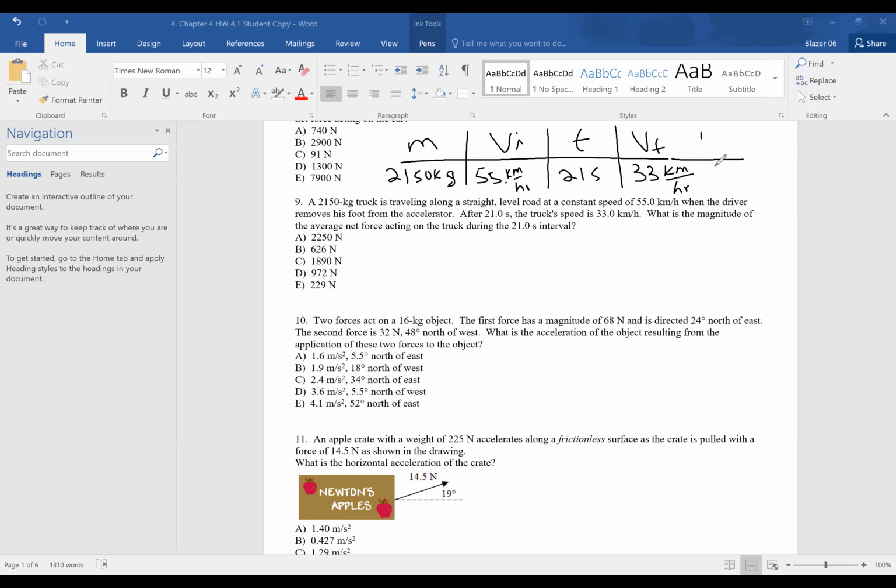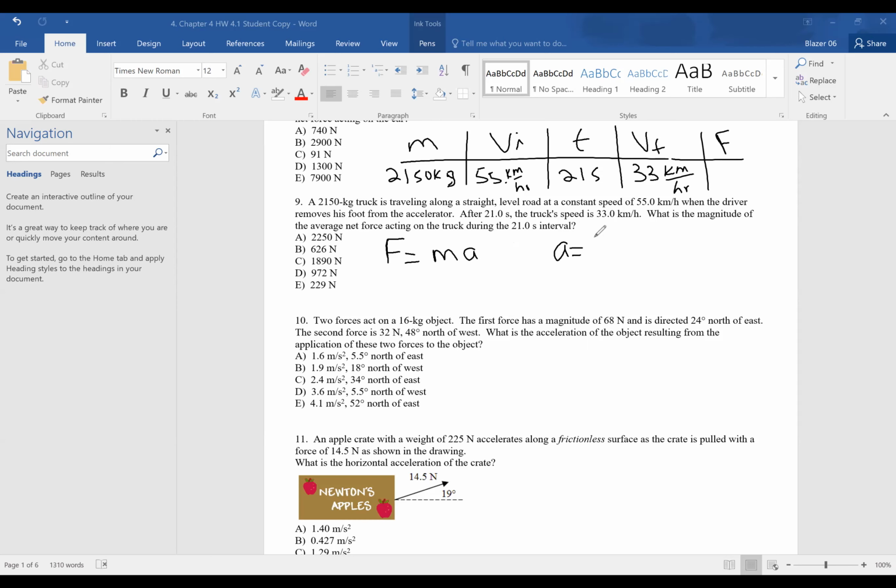So now what is force? We know that force is ma, and in this case, a is going to be change in speed over time. So first we have to solve for this a. So a, of course, is change in speed. My change goes from 55 to 33, so it's getting slower.